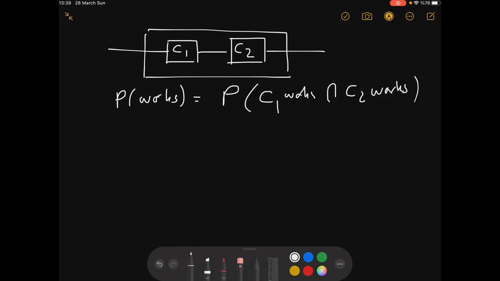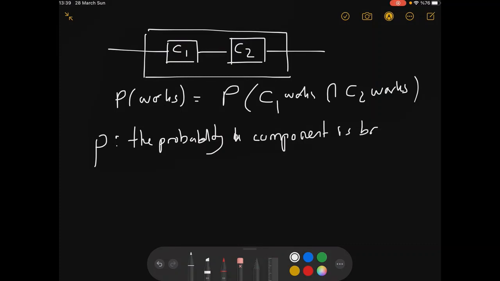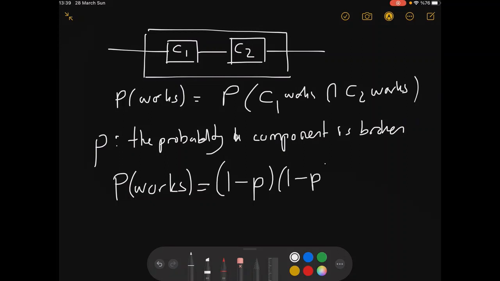So let's suppose that the probability that a component is broken is represented with a small p, for example. So what do I need for it to work? The probability that the device works would be (1 minus p) times (1 minus p), right?